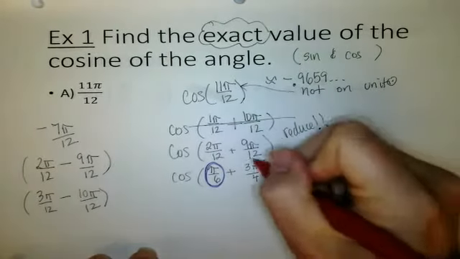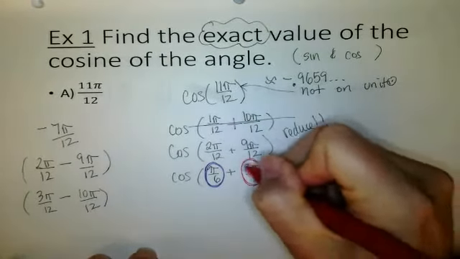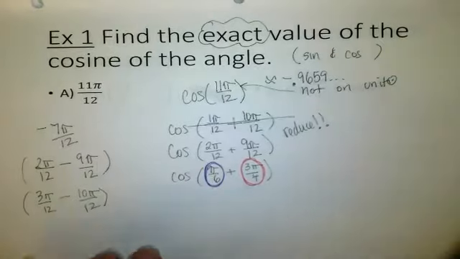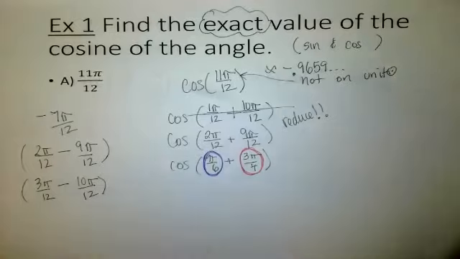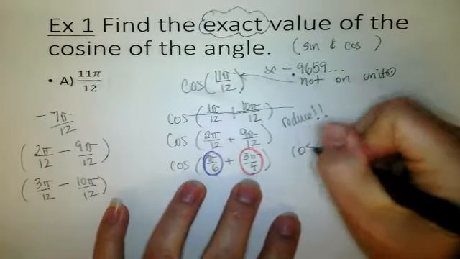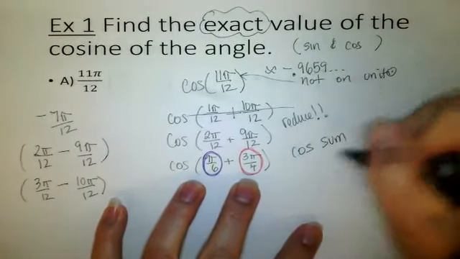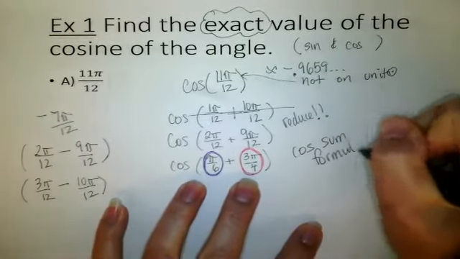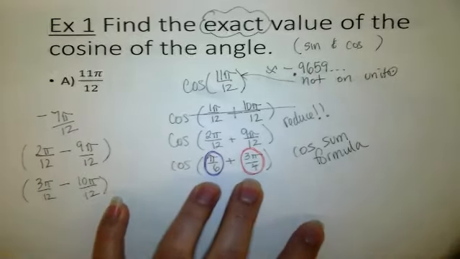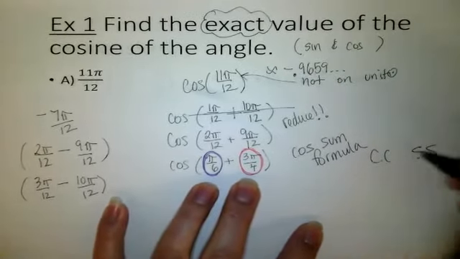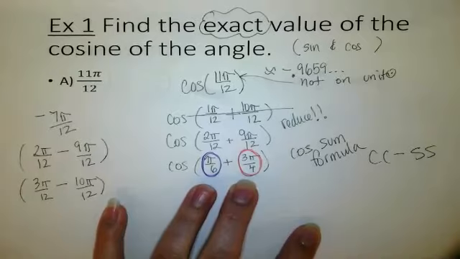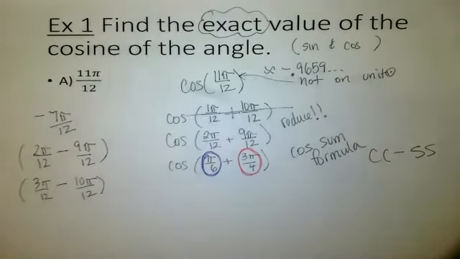And here I have my second angle, and that's the B angle. And we have a plus sign in the middle. So this follows our pattern for the cosine sum formula. What was the pattern for the cosine sum? Cosine, cosine, sine, sine, change the sign. Okay? So that was easy.